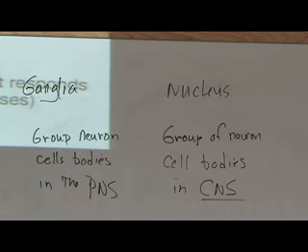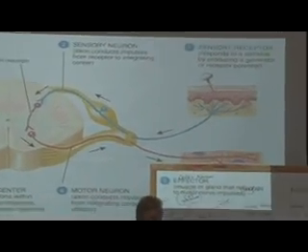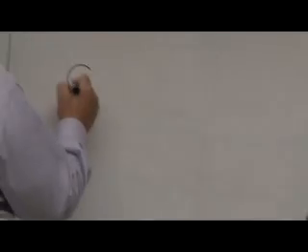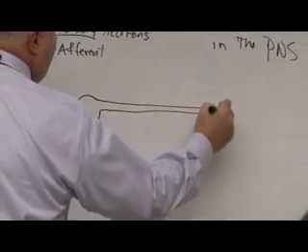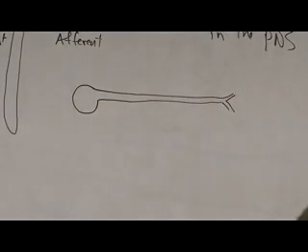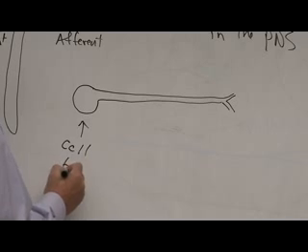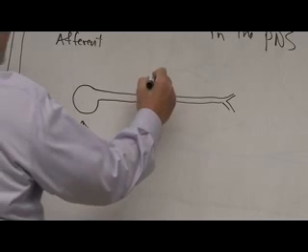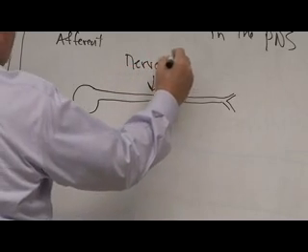So if we go back to the last picture, the way that we can describe a neuron is, notice the neuron has this bulb at the end and then this long thing that goes out. So up there, if you look at all of them, they've done the same, similar, except for the sensory neuron is a little different. So the bulb represents the cell body. And this represents what we could commonly call a nerve fiber.